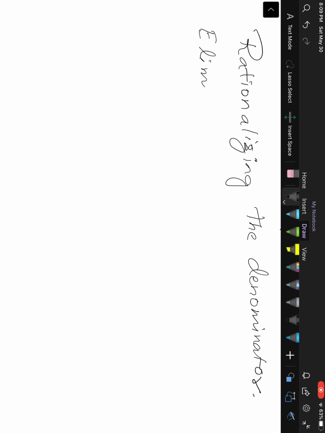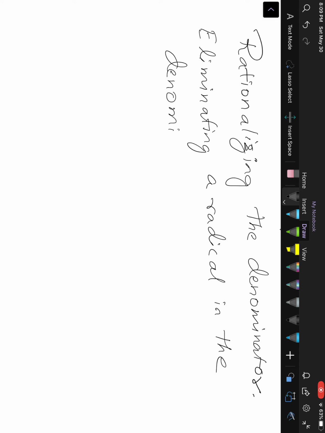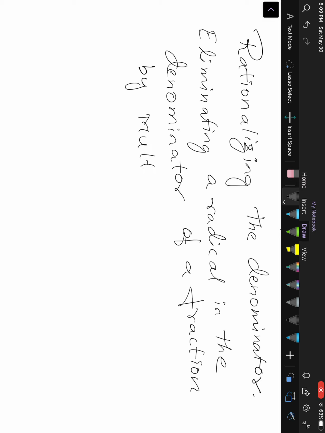That is, eliminating a radical in the denominator of a fraction by multiplying both numerator and denominator by an appropriate expression.